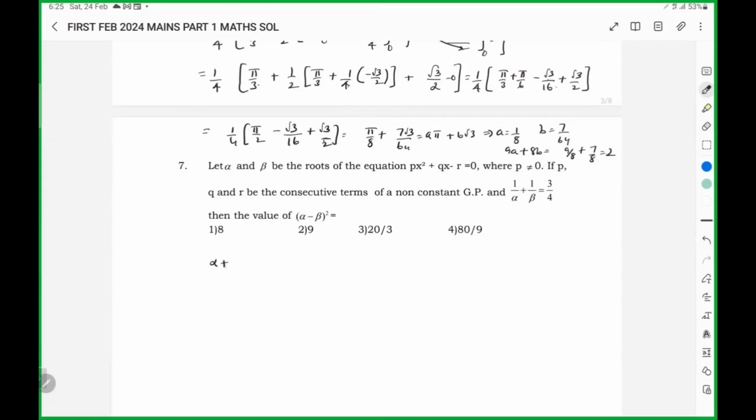Alpha, beta are the roots of the equation. Alpha, beta is this. P, Q, R are consecutive terms of a non-constant GP. Let us say P, Q, R are in geometric progression.